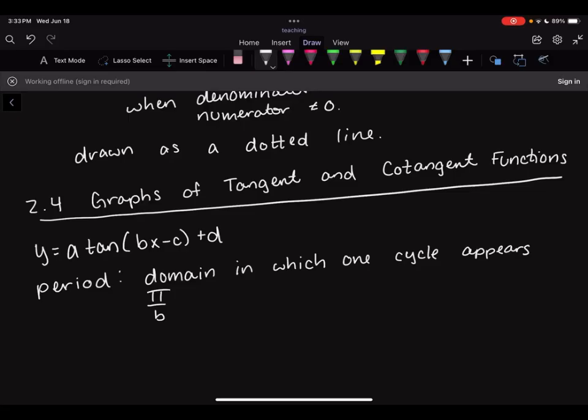And it's going to be like that for cotangent as well. I'll make a note here. Cosine and sine were 2 pi over b. So tangent is only pi over b.